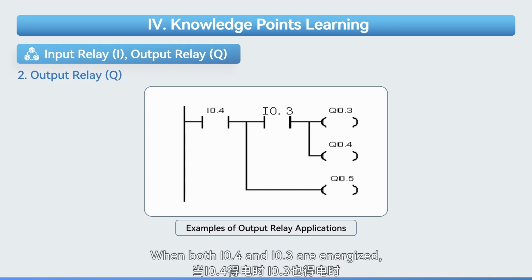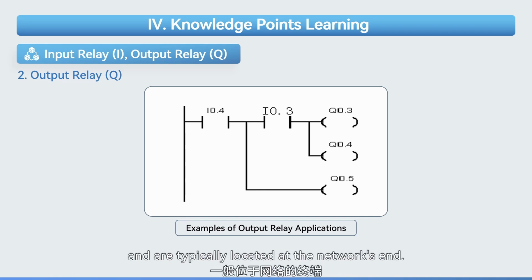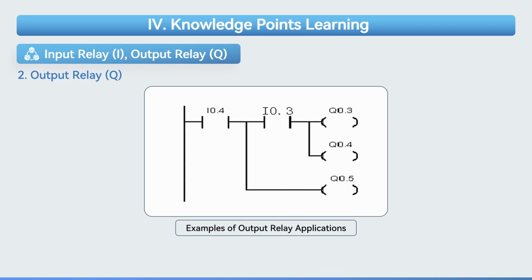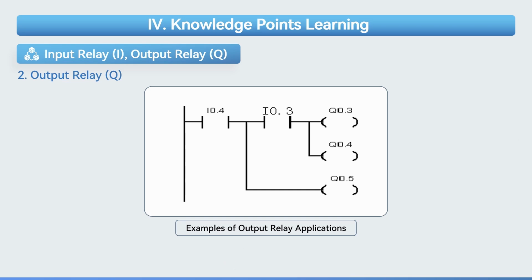When both I0.4 and I0.3 are energized, Q0.3 and Q0.4 conduct, and Q0.5 also conducts. This illustrates that output relays are used for PLC output signals and are typically located at the network's end. Output relays can be connected in parallel or series as needed.